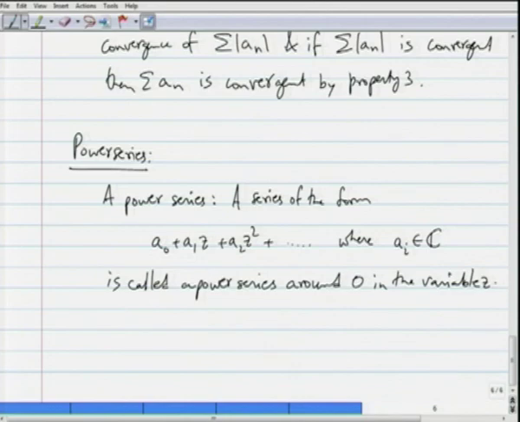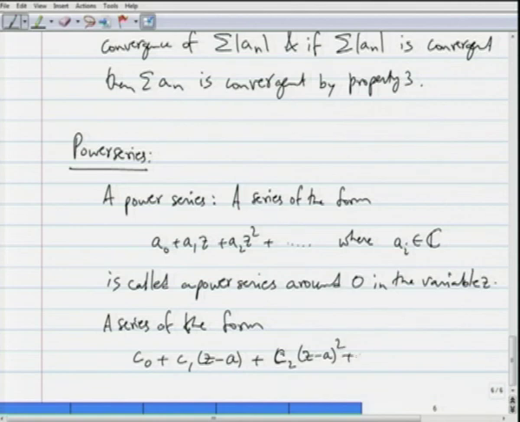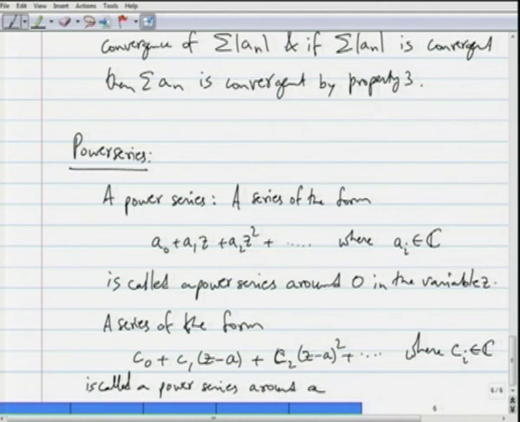So, if you are wondering why it is called a power series around 0: like in the case of real numbers, more generally a series of the form c_0 + c_1 (z - a) + c_2 (z - a)^2 + and so on, where the c_i's belong to the complex numbers, is called a power series around a, around the complex number a, in the variable z.